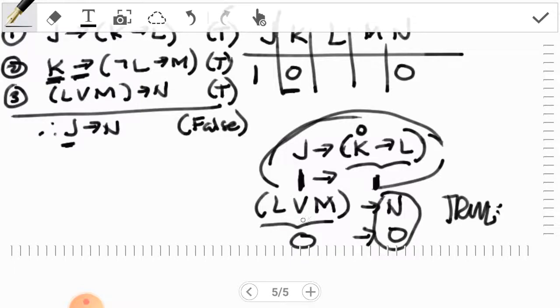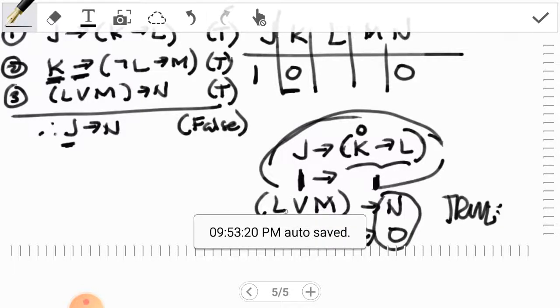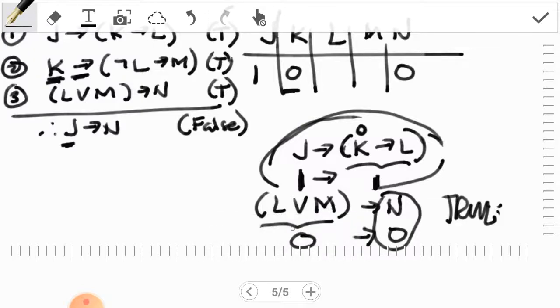Since this is an OR, both must be false, because if one is true, this entire thing will be true. If both are true, this will also be true. Therefore, that should force us to make the value of L and the value of M false as well.